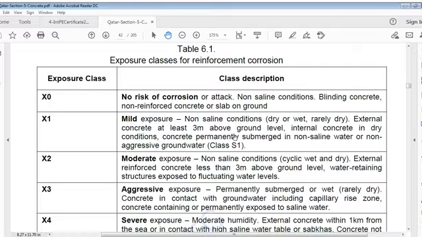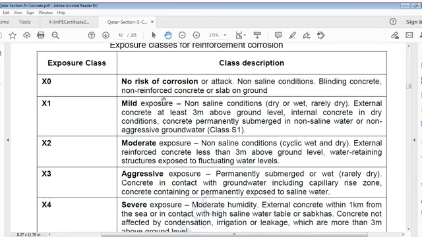That's called blinding concrete, and in our country, Bharat, India, we call it lean concrete. It's the same thing, but blinding concrete is just cement concrete, M15 or M20, in many cases up to M20 or M25. It depends. Non-reinforced concrete or slab in ground. That's all for X0.